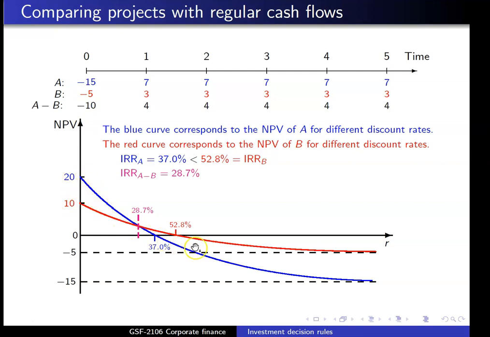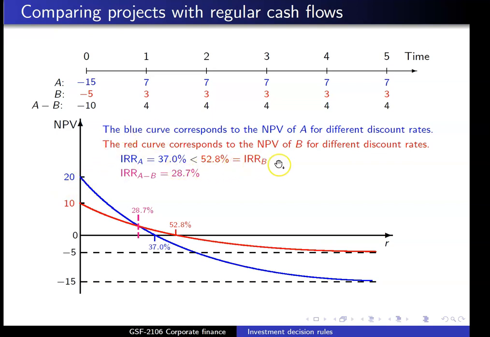A falls faster towards the initial investment than B. B is less rate sensitive because the size of each cash flow is much smaller than the size of the cash flows from A.